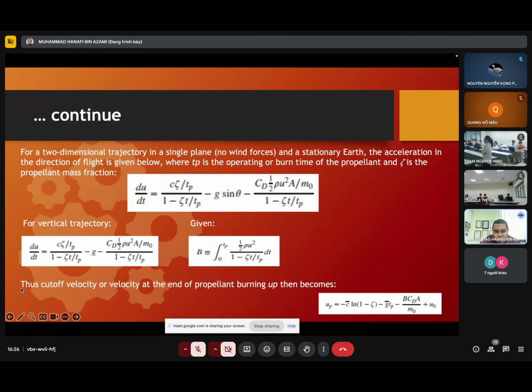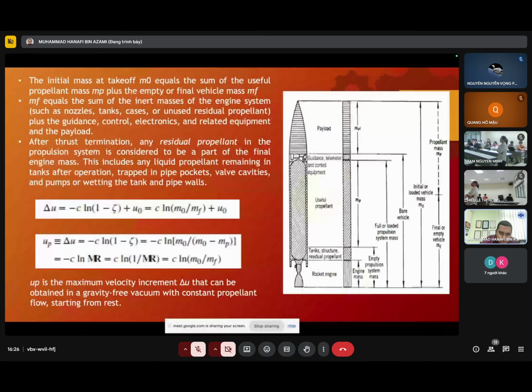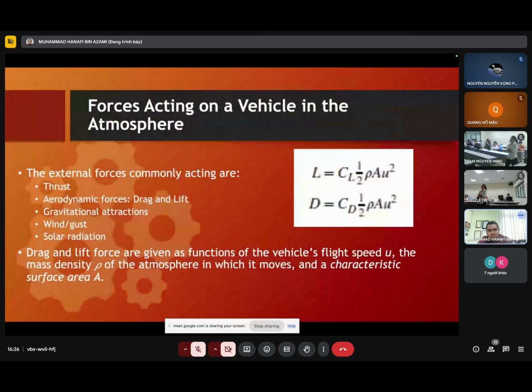So thus it becomes something like this, the bottom right one. So what is up? up is the maximum velocity. Recall back. up is the maximum velocity when u naught is equal to zero, the maximum velocity that the rocket can achieve.